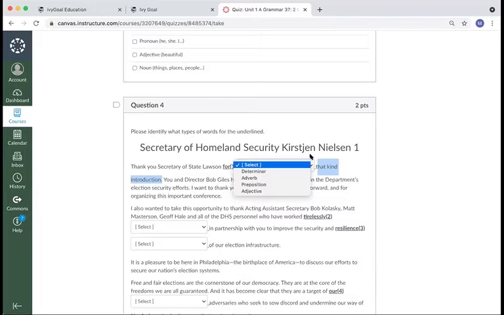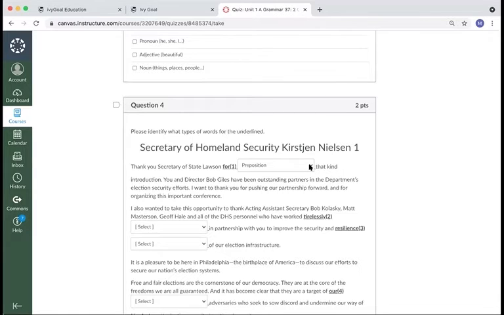Is it a determiner, adverb, preposition, or adjective? Preposition. Okay. So does for explain a location? For the reason.